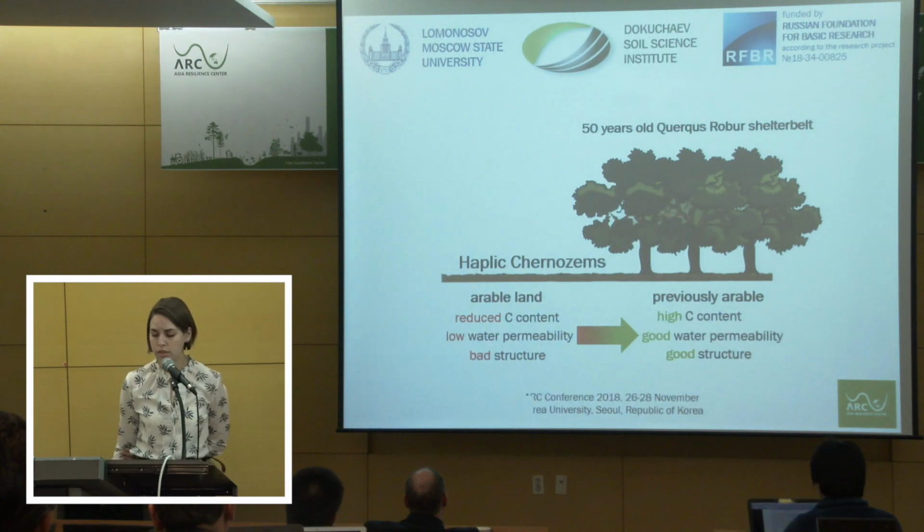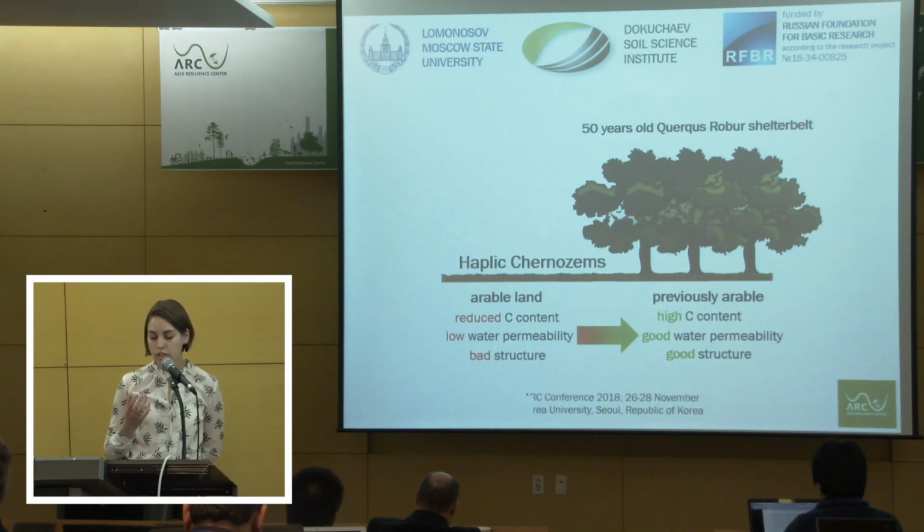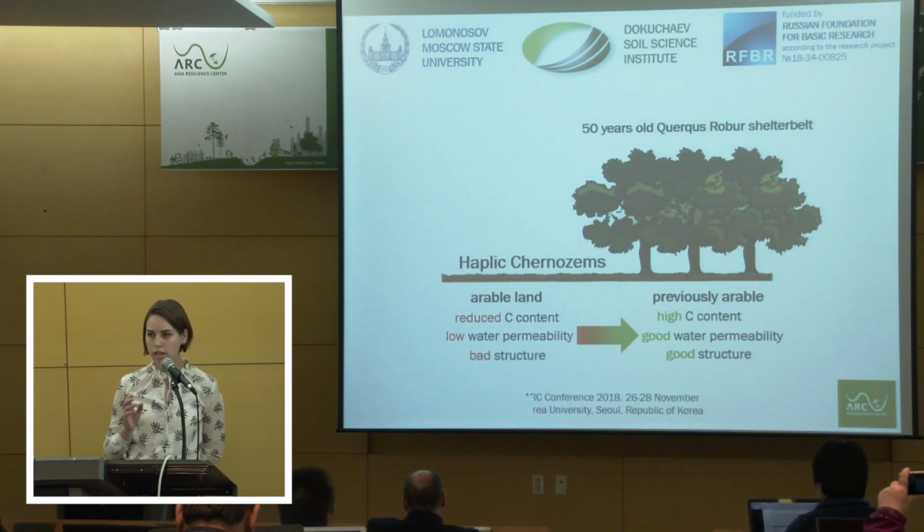And we found that, unlike arable lands, soils under shelter belts with oaks are characterized by high carbon content, good water permeability, and good structure. And we also know that these soils were previously arable too.